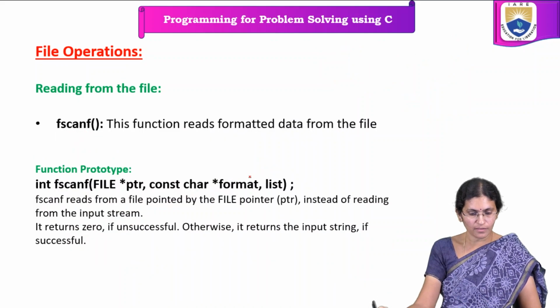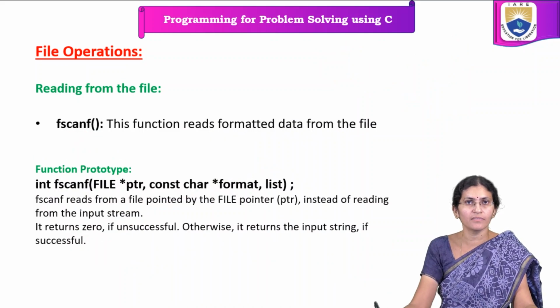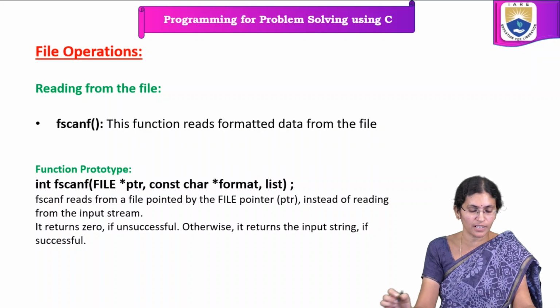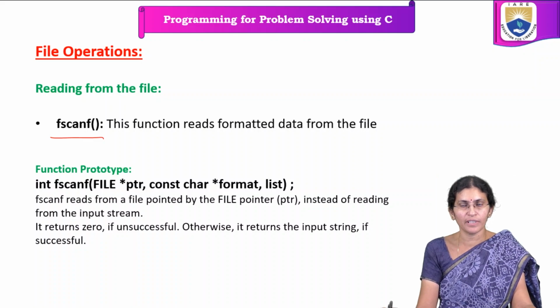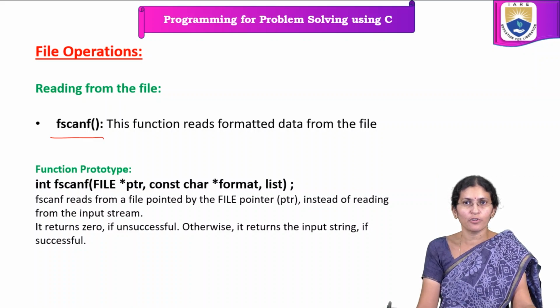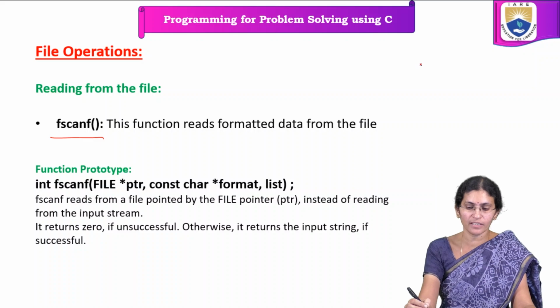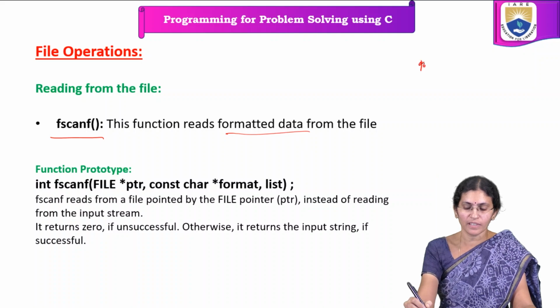Now let us see another file input output function, that is fscanf. So how to read from the file by means of using fscanf? This function is used to read formatted data from the file. Formatted data means in the syntax we have format specifiers.